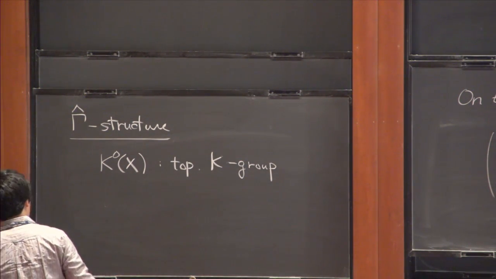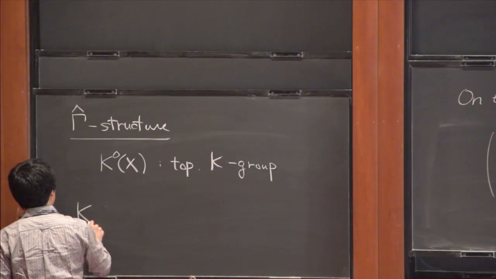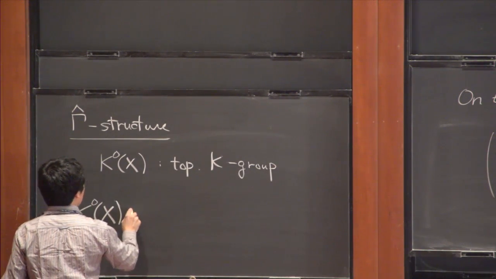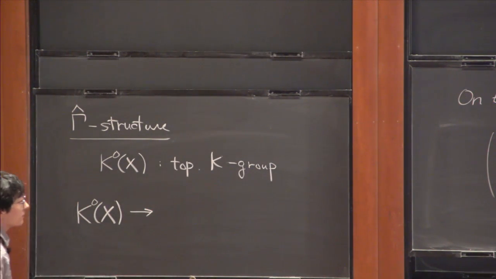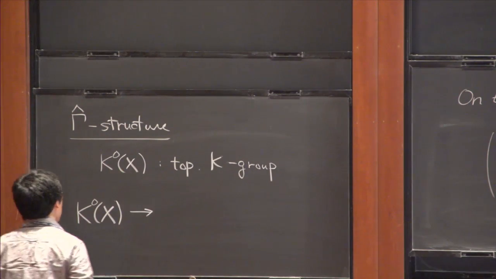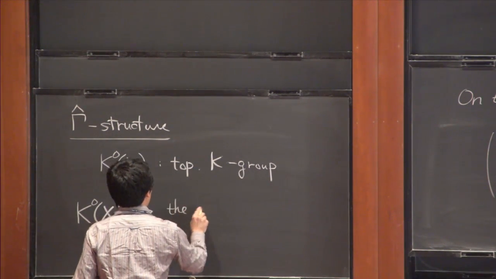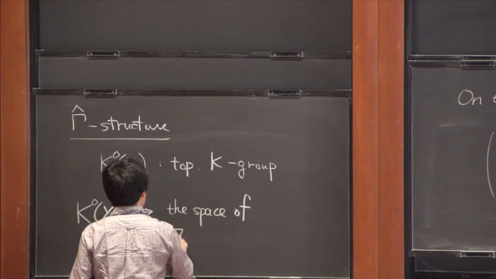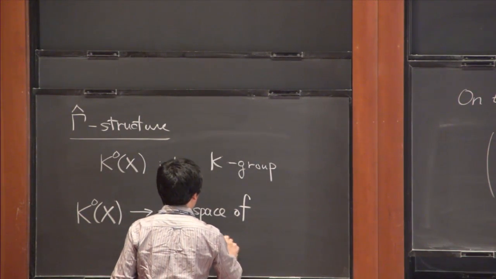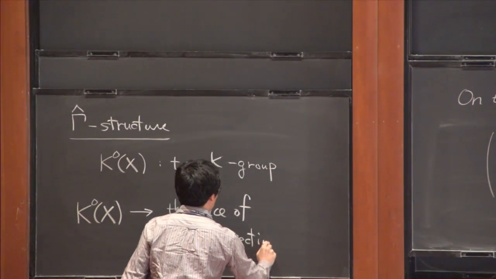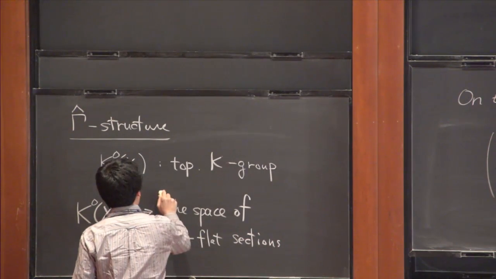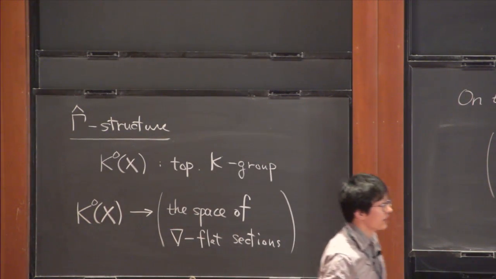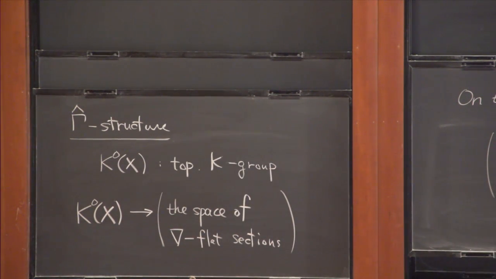Then I define a map from the topological K group to the space of nabla flat sections of this Dubrovin connection, or quantum connection.